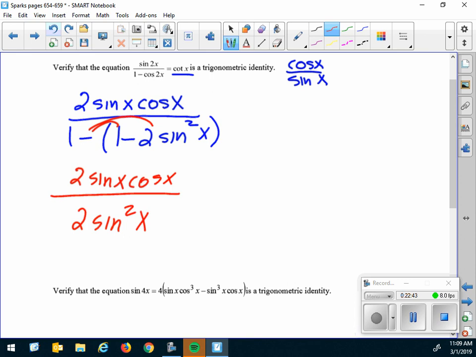Ma'am? Does it matter, on the cosine 2x, if it's like 1 plus 2 sine squared x? Does it matter in the formulas? So when it's a regular cosine, like cosine of theta plus theta, it would be minus in the middle. Yes.